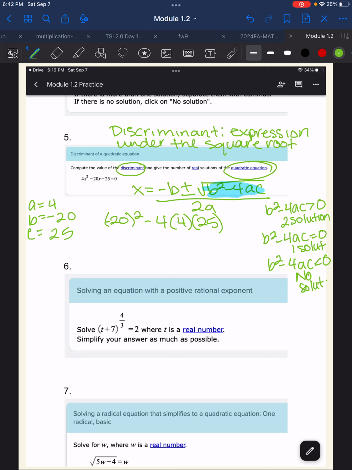Negative 20 squared gives me 400. 4 times 4 times 25 is going to get me 400. Well, 400 minus 400 is 0, which is 1 solution.